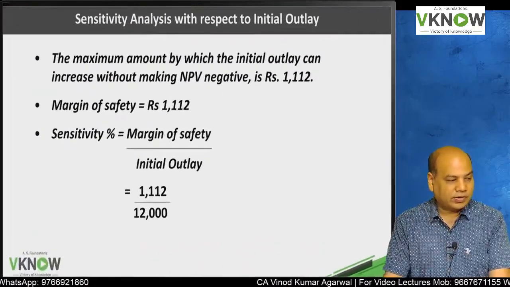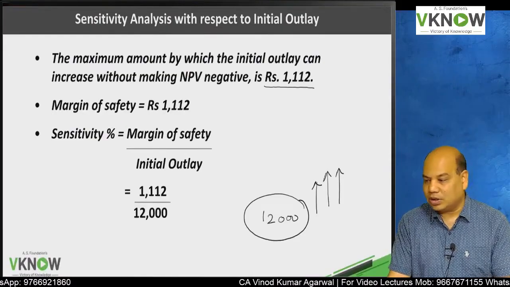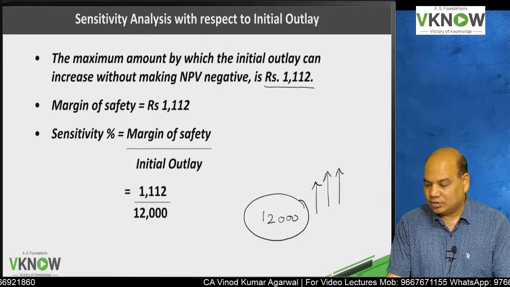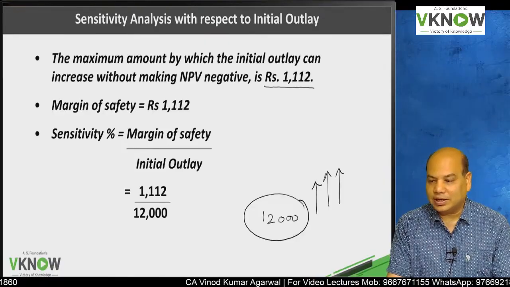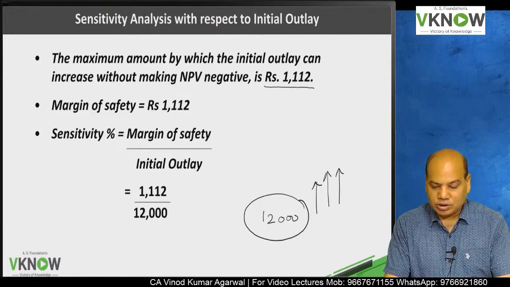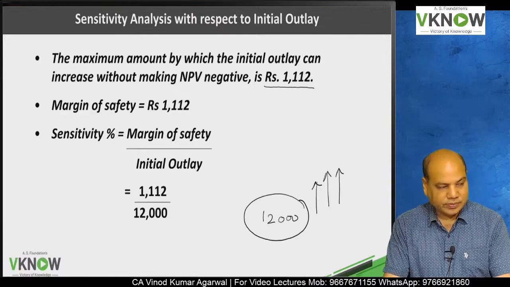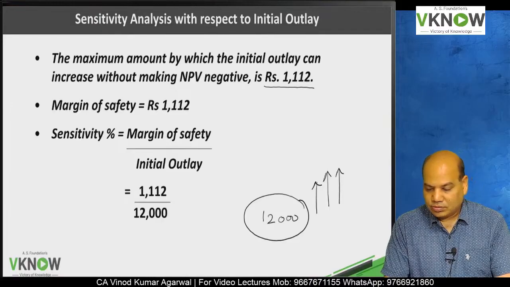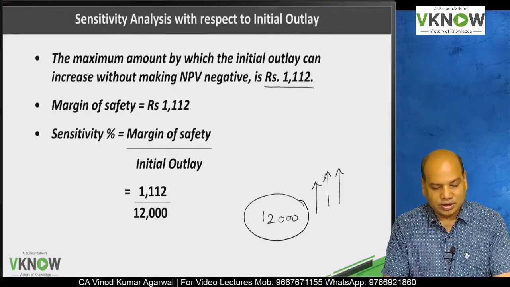Even if cost rises by 1,112, I am still okay with that. My NPV will not become negative. Write down a note: the maximum amount by which the initial outlay can increase.